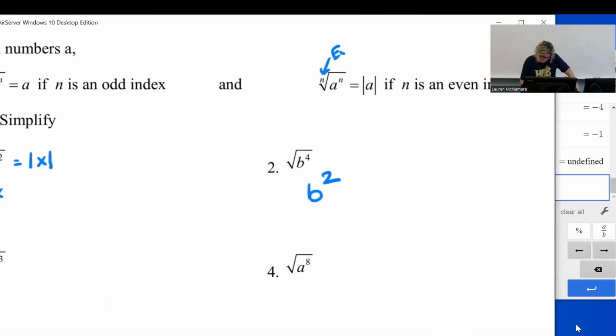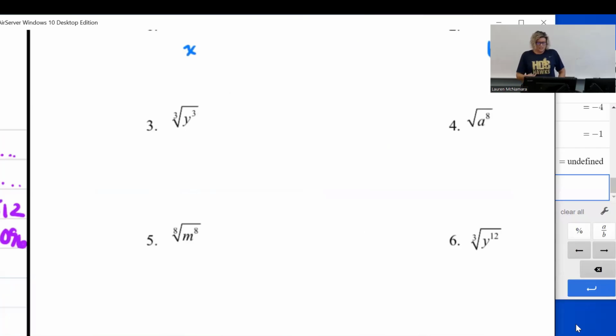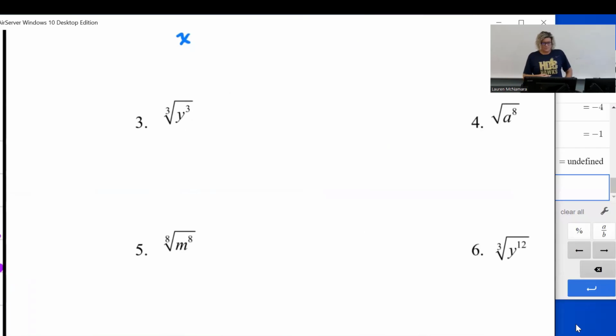Even, and then this is odd. Then you would have to say absolute value, because you need to make sure it's the absolute value.